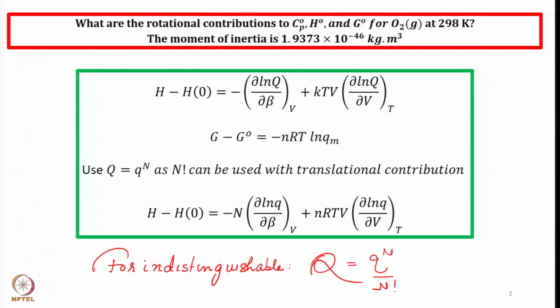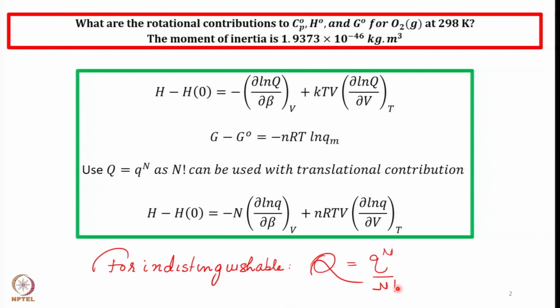Now the question is whether we should use this N factorial term with G also, with A also. No, N factorial appears only once, and it makes sense to use it with the translational contribution, and that gives you the Sackur-Tetrode equation.